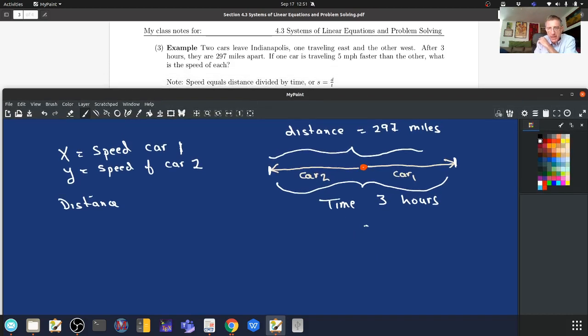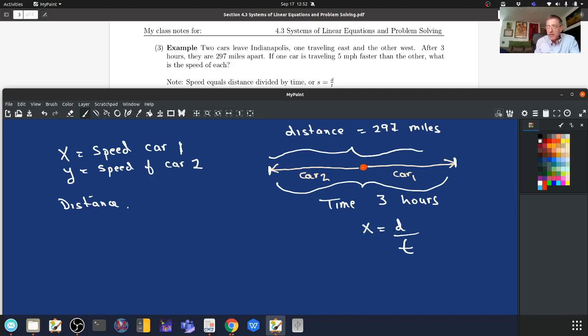Well, speed, I'm using the variable x, is equal to distance over time. Why? Because I say right there, x is the speed of car 1. So x is equal to distance over time.